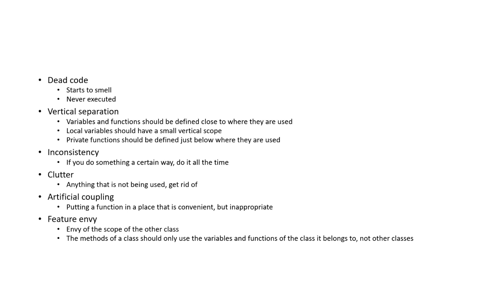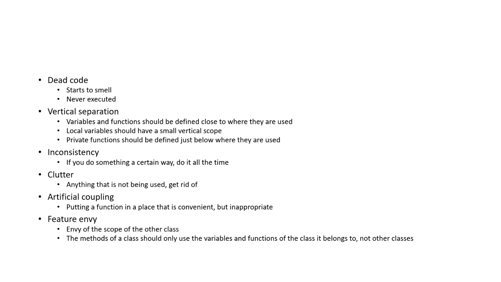Maybe you're keeping track of count, and then you loop right under your instantiation of that count variable. Again, private functions should be defined just below where they are used. So you have like a utility private function in your class. Well, it should not stray too far from the actual usage of that utility function.